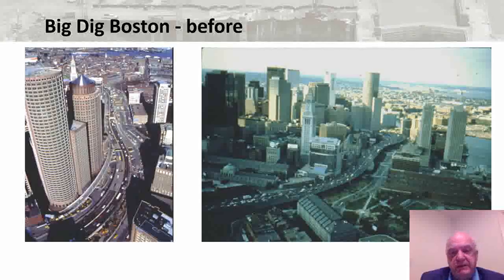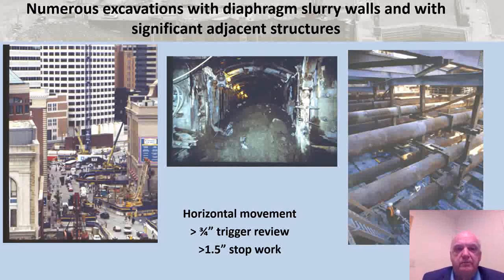the Boston Big Dig, construction of a tunnel underneath, on the left side, underneath this existing highway, which had to stay in service. Massive undertaking, 100,000 plus vehicles have to keep going as we build underneath this in between all these major structures. And so there's a very extensive monitoring program put in to track how these deep excavations were behaving.